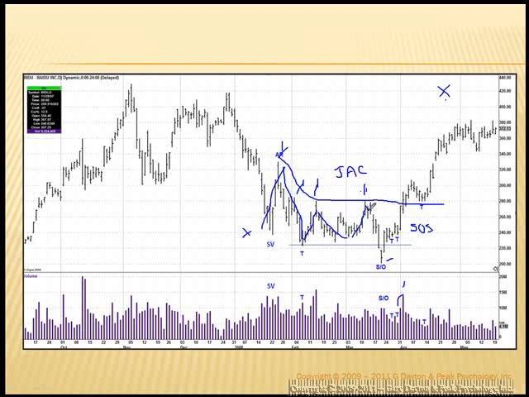So he figures if I can get a running start, and he backs way up over here and then takes a good, strong running start and jumps across that creek. And that's the sign of strength here, where the creek narrows down. And with some volume and some wider spread, the market can drive across that creek of supply or that level of supply.